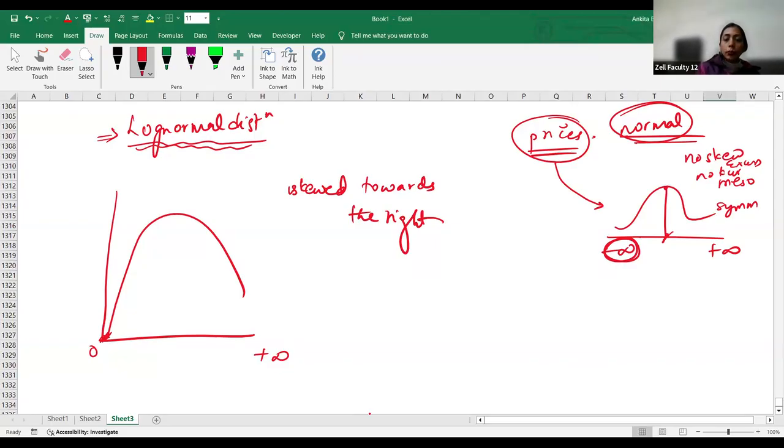I do not want to scare you, but I still want to show you this formula.